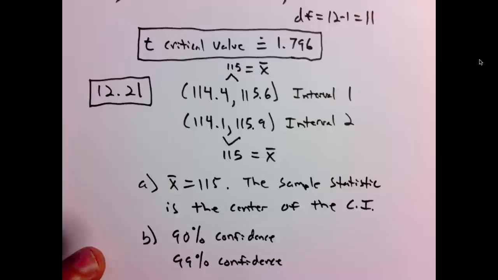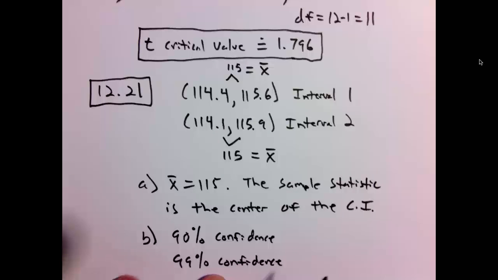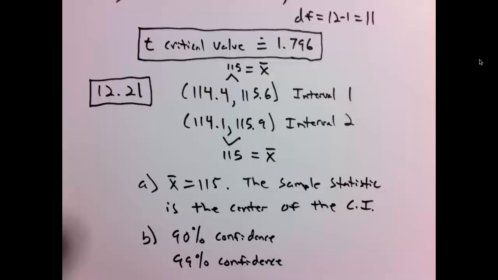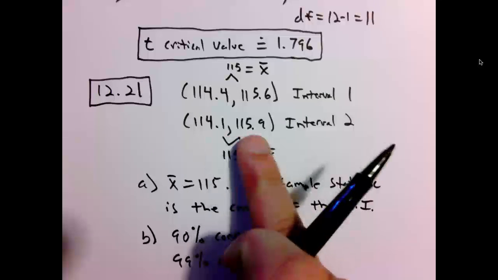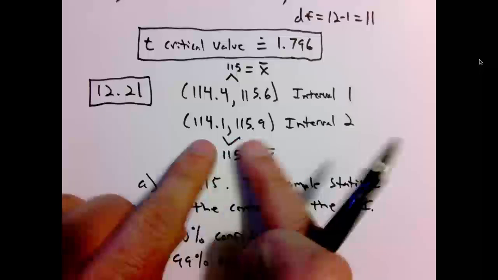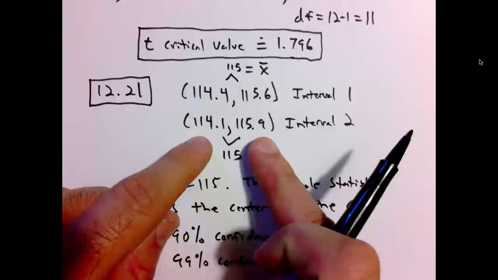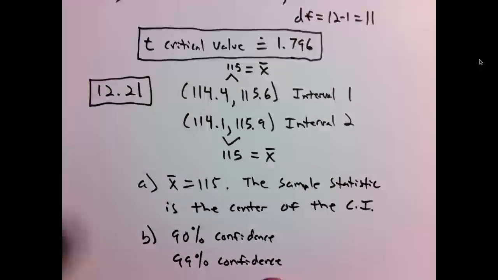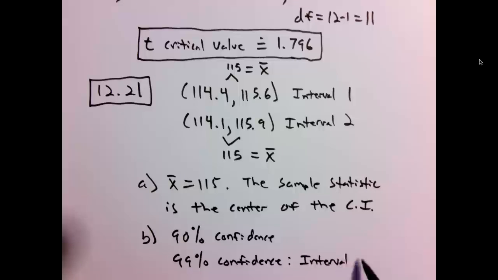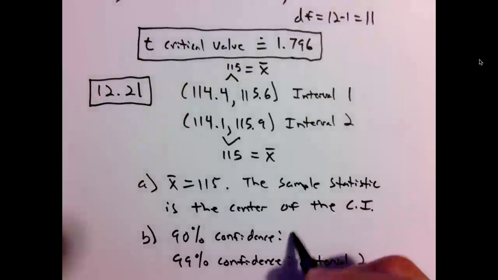This is going to make perfect sense to you. To be more confident, we would need to reach out further. We would need a wider interval. Interval 2 has endpoints that are wider, so we're more apt to capture our true mean, the population parameter. So clearly the 99% confidence is interval 2, and the 90% confidence is interval 1.